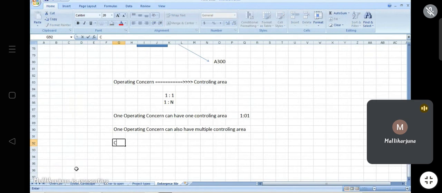Similarly, controlling area versus company codes. Here 1:1, similarly 1:n.